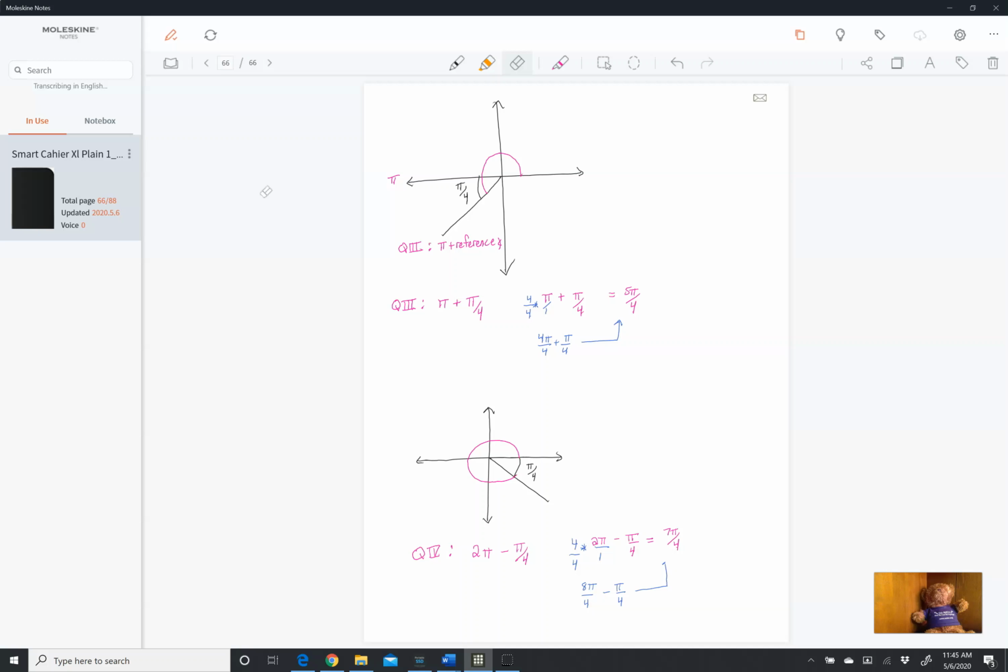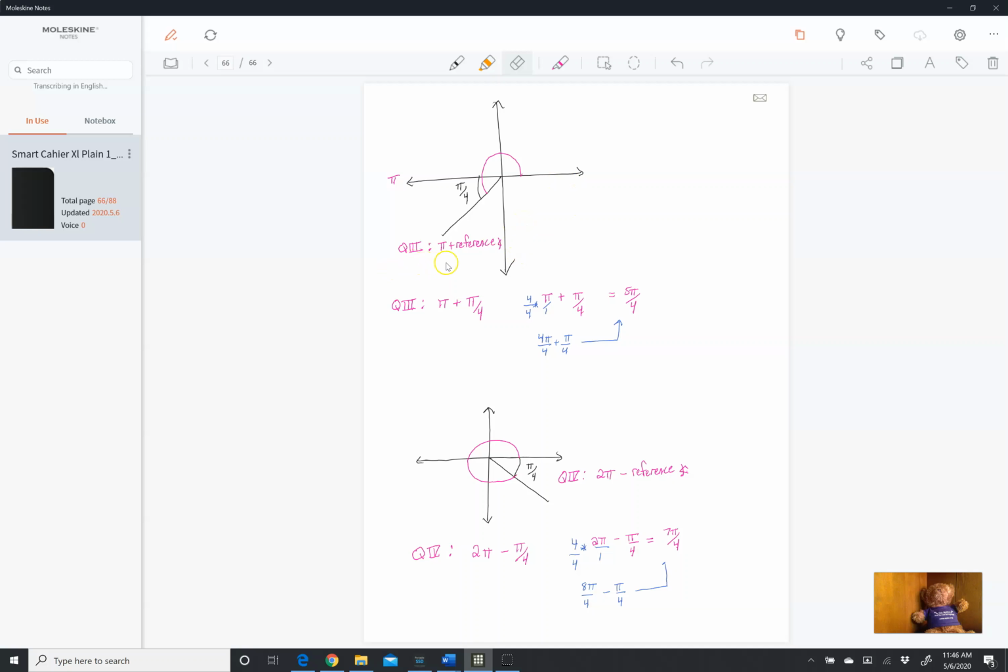And note that in quadrant 4, what we're doing is 2 pi minus our reference angle. Okay, and that's how we would do it every time we're trying to find an angle in quadrant 3, or any time we're trying to find an angle in quadrant 4.